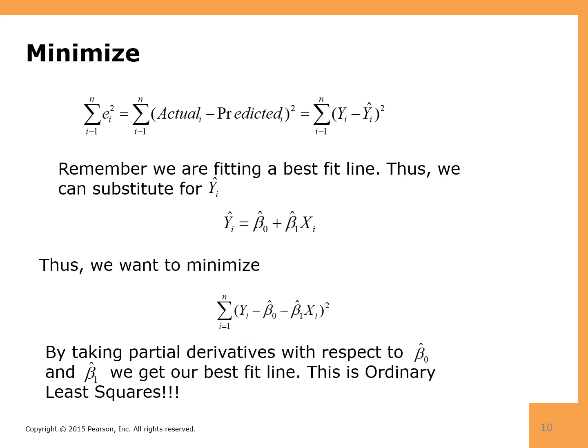Let me get a little technical here and try to explain how the formulas for beta hat 0 and beta hat 1 are derived. Remember a few slides ago we said that OLS is a result of minimizing the sum of squared residuals. Here's a formula for the sum of squared residuals.